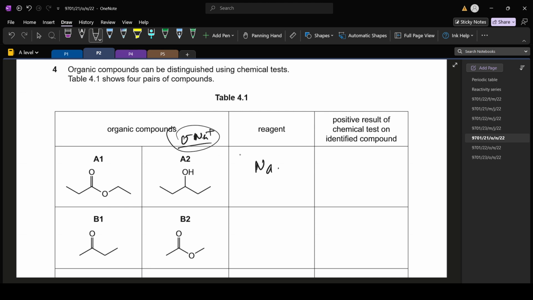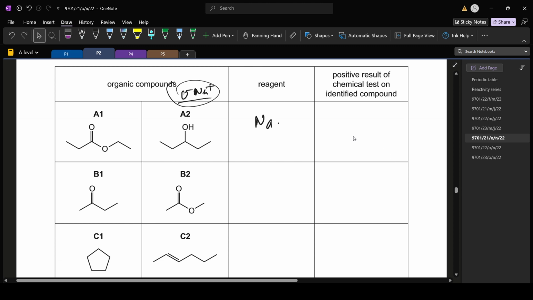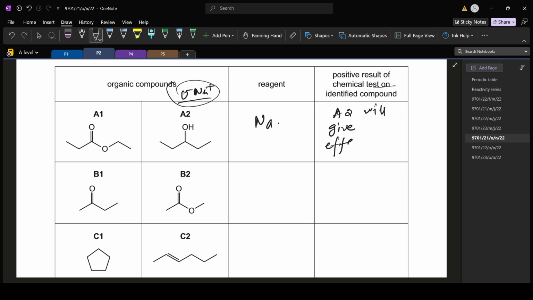So the alcohol, A2, will give a positive test. What will be the positive result of this chemical test? A2 will give effervescence.